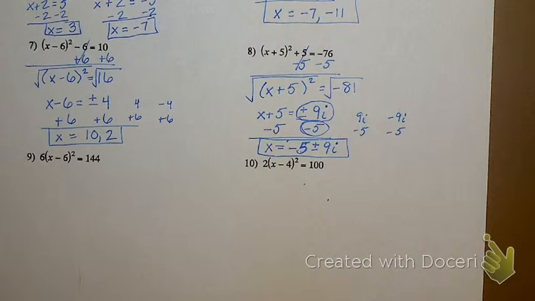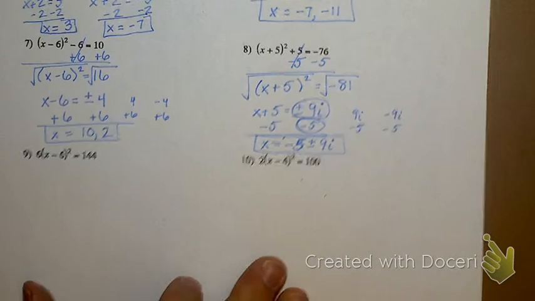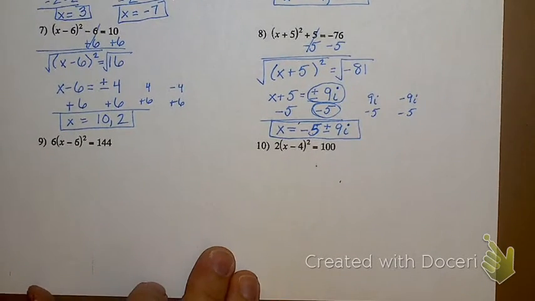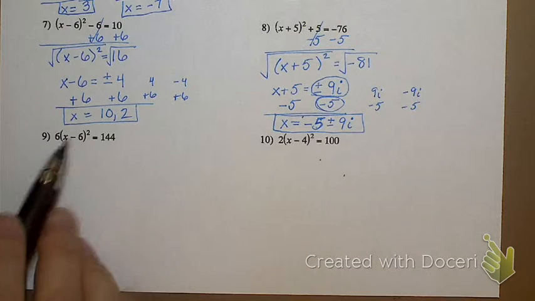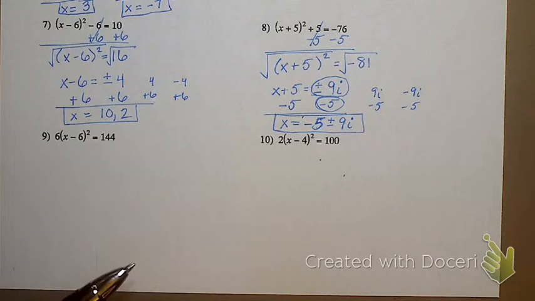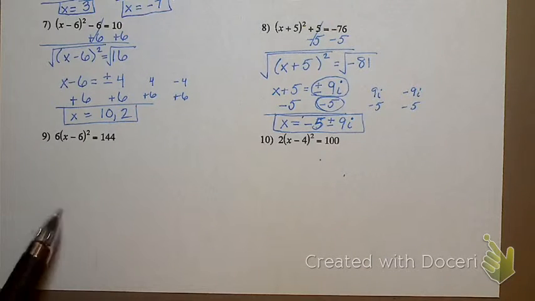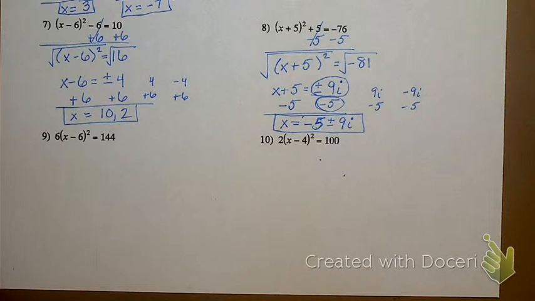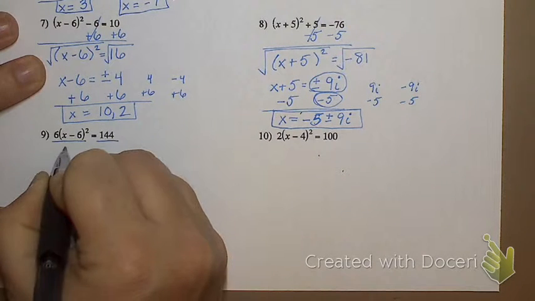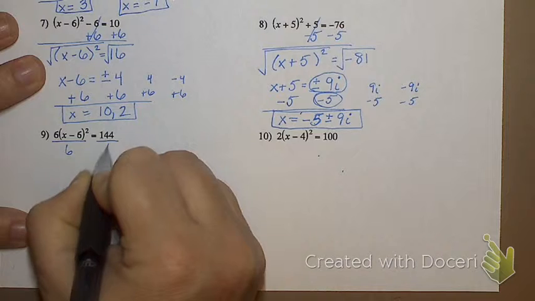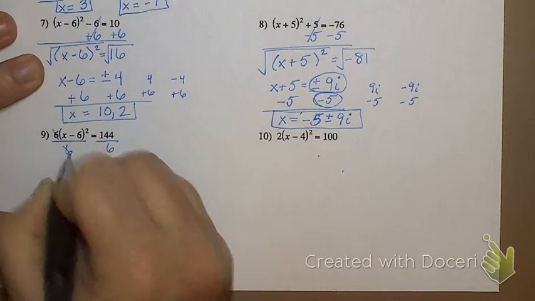So? Okay. What do you think I do in number 9? Nope, I can't distribute because this has a squared on it. It's not just regular parentheses. I need to get rid of what's not in the parentheses. So how do I get rid of what's not in the parentheses? I divide both sides by what? 6, so it cancels out there.